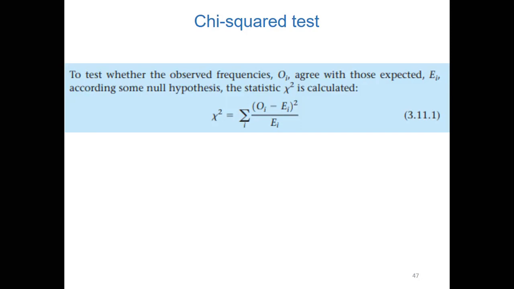I will show an example of how to use this chi-square test. This is the equation: the difference between observed and expected frequencies, squared, over the expected frequency. Here, we are not taking a single measurement, and this is not a mean or anything. We compare frequencies, meaning how often.